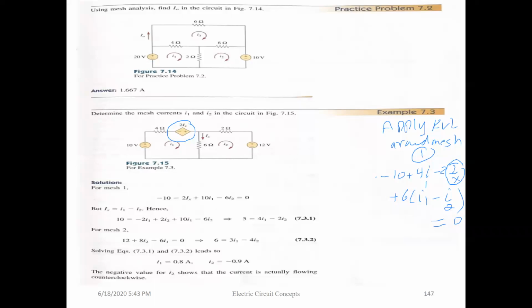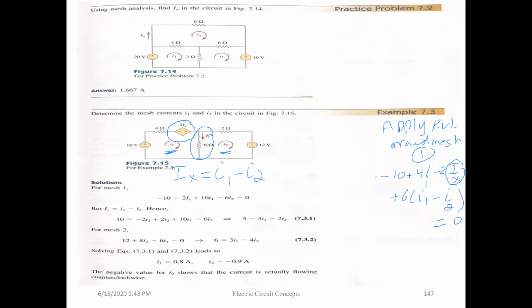Now, how to substitute for Ix? Because if I keep Ix, then I will have 3 unknowns: I1, I2, and Ix. If we look at the Ix here, we can find Ix in terms of I1 and I2. Since Ix is moving down, that means it moves in the same direction as I1, so it will be I1 minus I2.